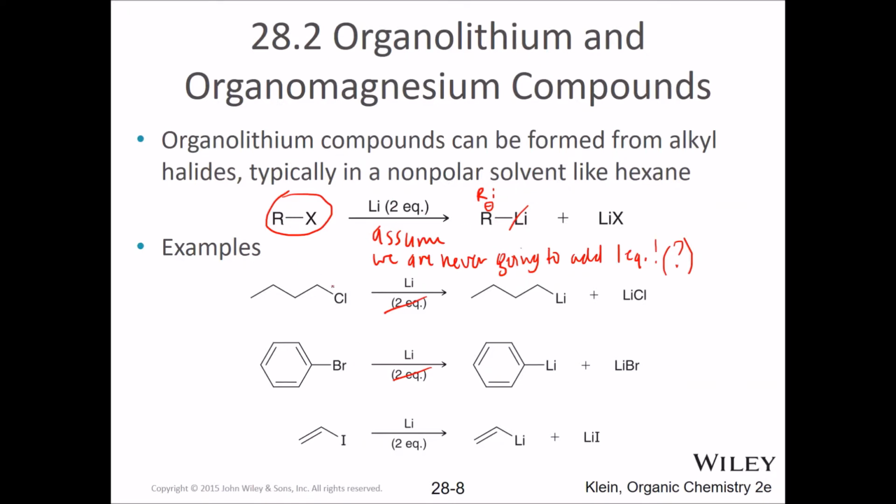Now, this is the general. Here's a specific. And what this essentially is, watch this. 1, 2, 3, 4. And on that fourth, so one pair of electrons, you got a nucleophile. What about this? A benzene ring.